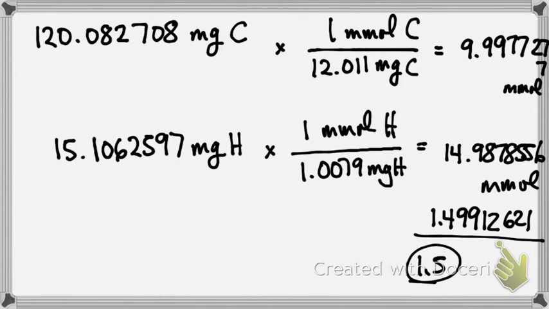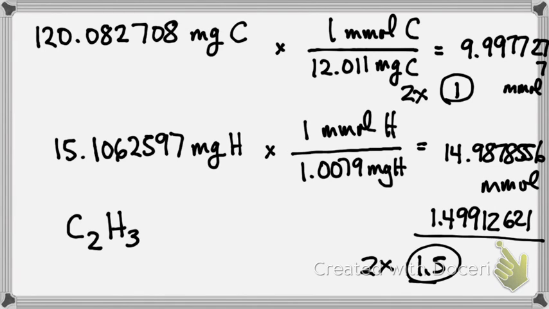And of course, any number divided by itself is 1. I need a whole number ratio, so I'm going to multiply both the 1 and the 1.5 by 2. That gives me 2 atoms of carbon, and that gives me 3 atoms of hydrogen. This is the empirical formula.